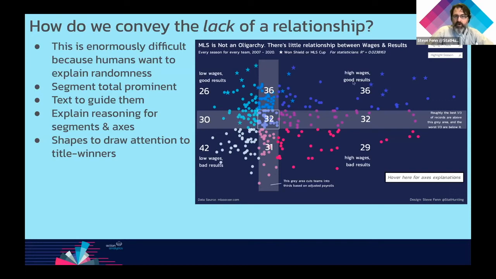And so I'm going with good blue in the top right, and the kind of most embarrassing category, high wage bad results, in the bottom right with the pink. But there's a lot going on here, and it's not something that I'm totally thrilled with in terms of how well it connects with an audience, but it was something that I felt was worth exploring and trying to get some insights across.